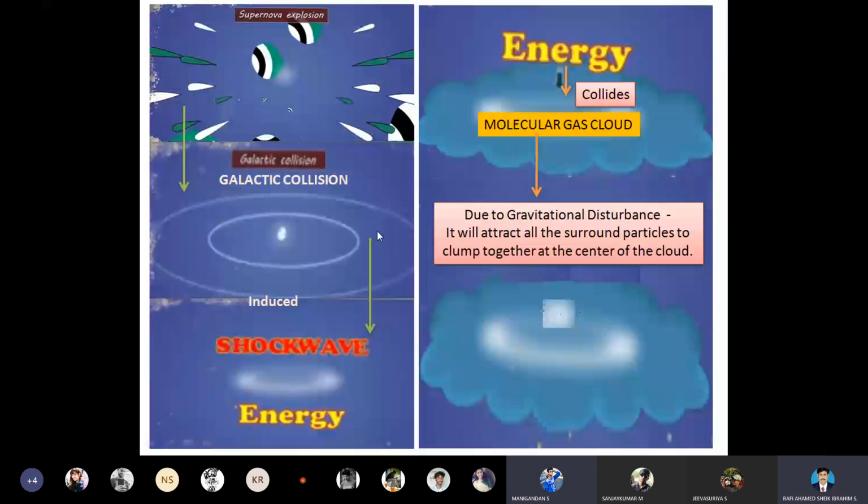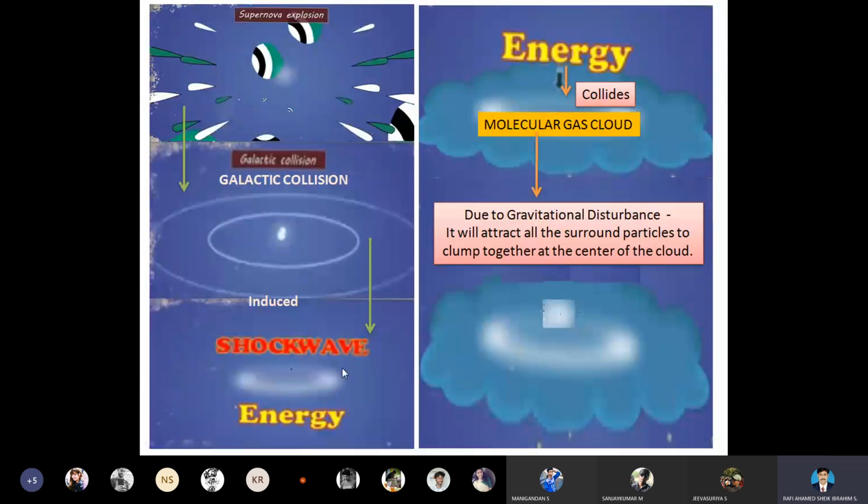The formation of a newborn star starts from the supernova explosion. During this supernova explosion, a large amount of heat is radiated in the form of energy. That energy is called shock wave energy.